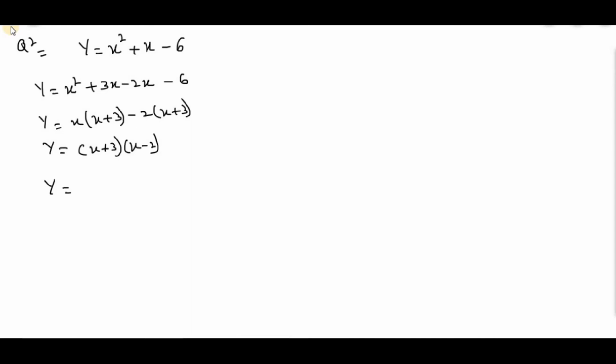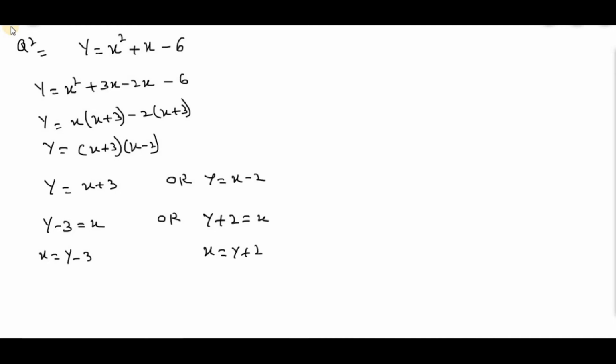Now either y is equal to x plus 3 or y is equal to x minus 2. Now simplifying, we get y minus 3 is equal to x or y plus 2 is equal to x. So x is equal to y minus 3 and x is equal to y plus 2 is the required domain, because the range is already given.